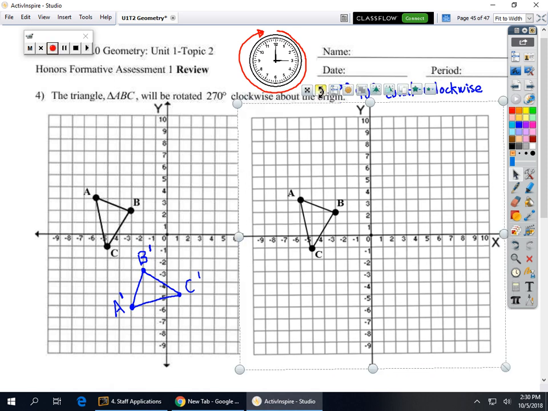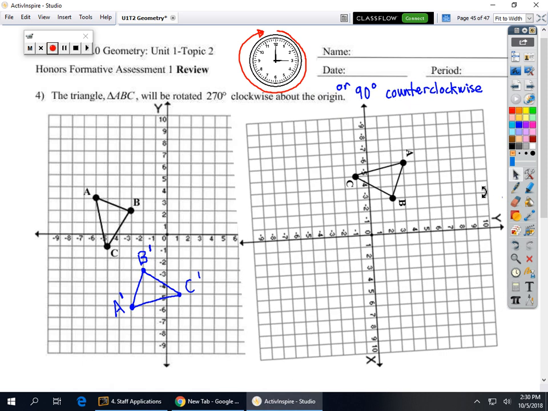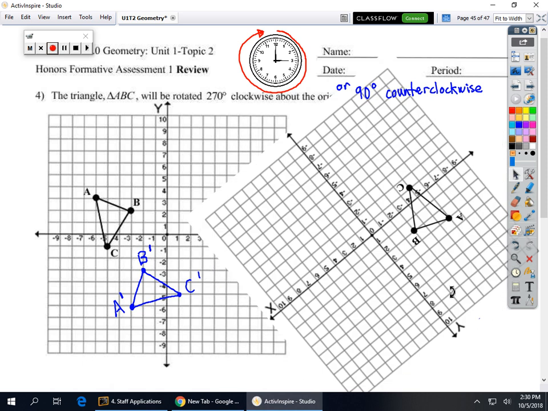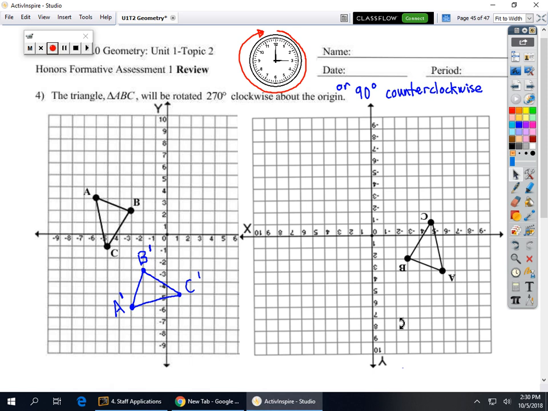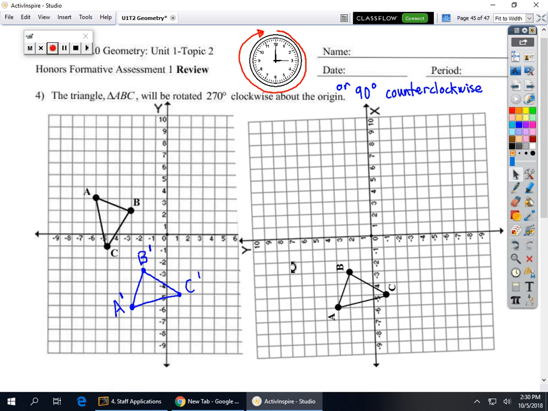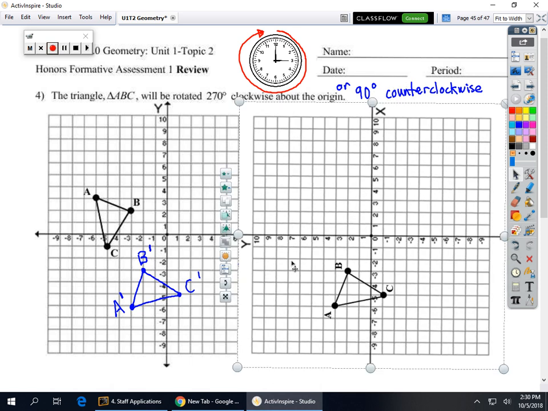If I rotate it 90 degrees, then 180 degrees, and then 270 degrees, doesn't the triangle on the right now look like the triangle I drew on the left? That is what you need to be drawing. You need to imagine this image has been rotated 270 degrees and draw where it's supposed to be. It's just that now you have one graph you have to do it on instead of two.